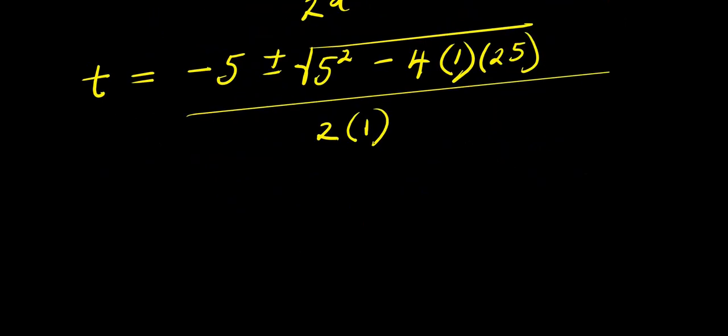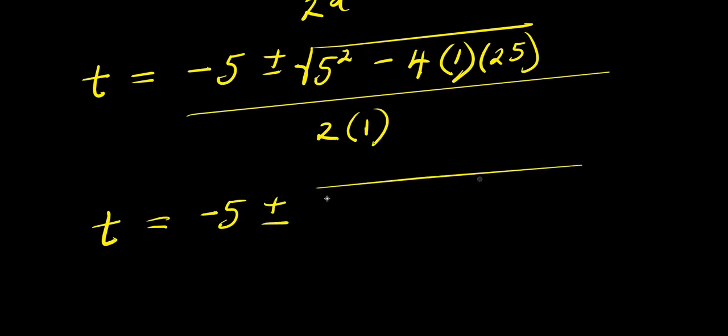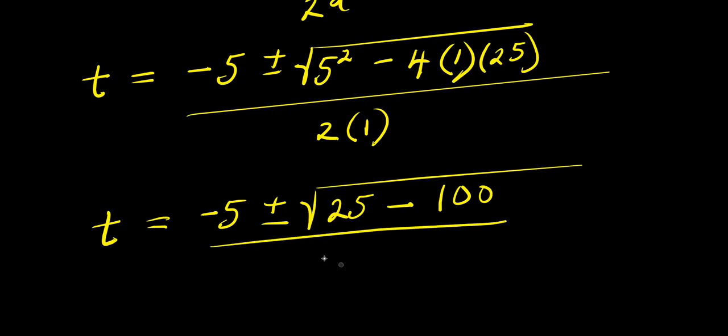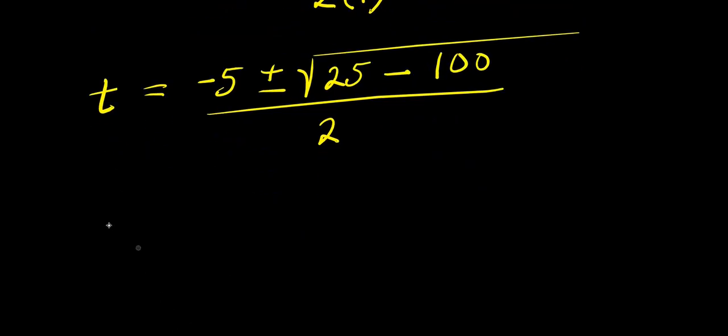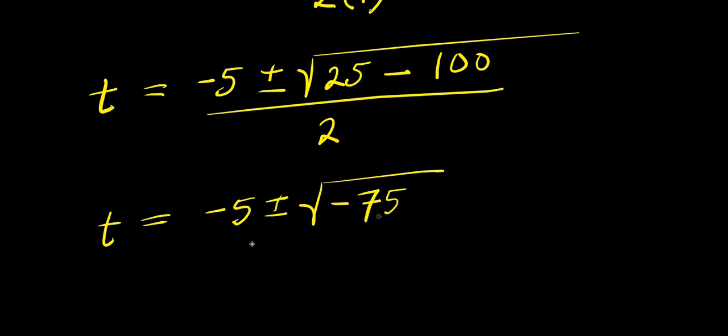So from here, we have t equals negative 5 plus or minus square root of 5 squared, that is 25, minus 100, divided by 2. So from here, I have t equals negative 5 plus or minus square root of negative 75, divided by 2.